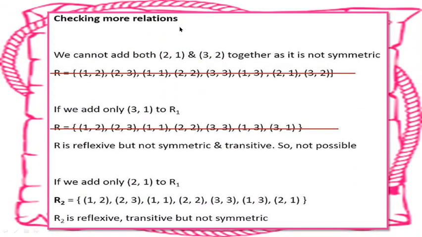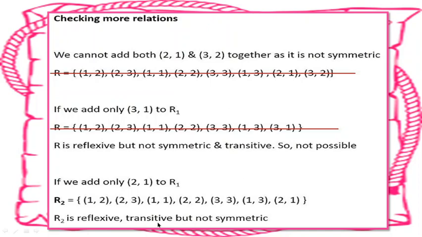Now checking more relations. We cannot add both (2, 1) and (3, 2) together as then it would be symmetric, and it was given in the question that it is not. If we add only (3, 1), the relation is reflexive but not symmetric and not transitive, so not possible. If we add only (2, 1), this relation will be (1, 2), (2, 3), all the doublets, (1, 3) and (2, 1).